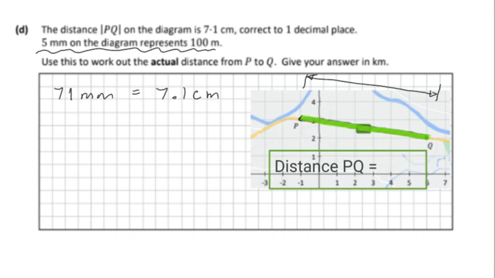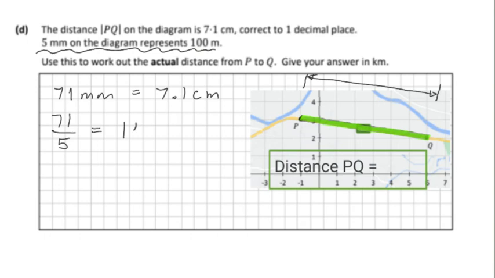So let's see how many times 5 will go into 71. Then we can multiply by 100, because 5 millimeters represents 100 meters. Let's see how many 5s we have. We will get 14.2.